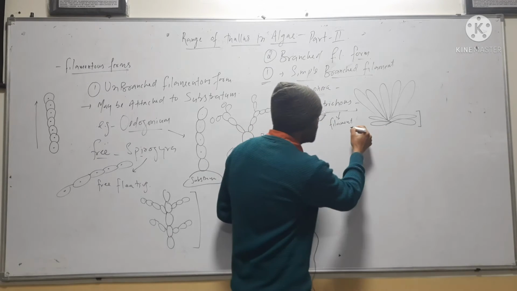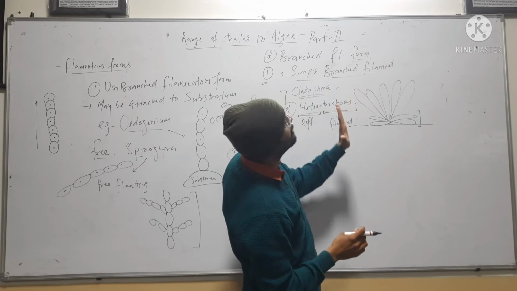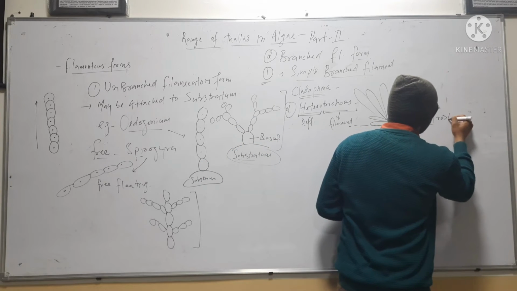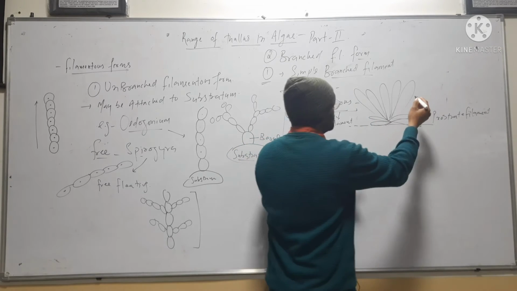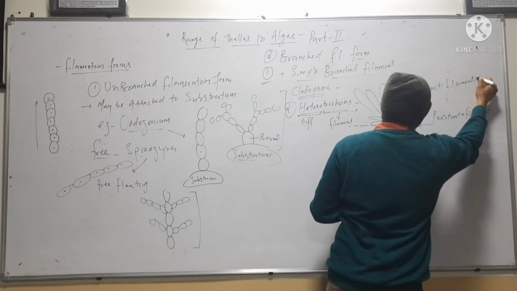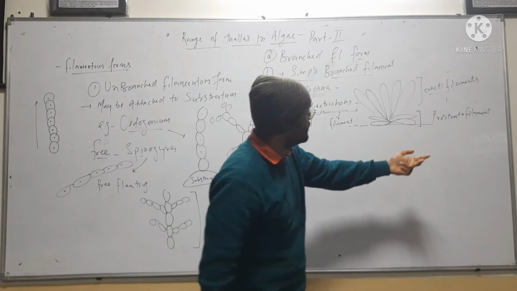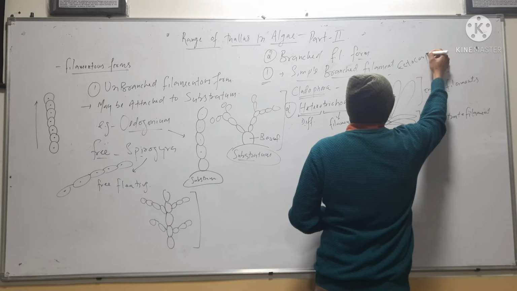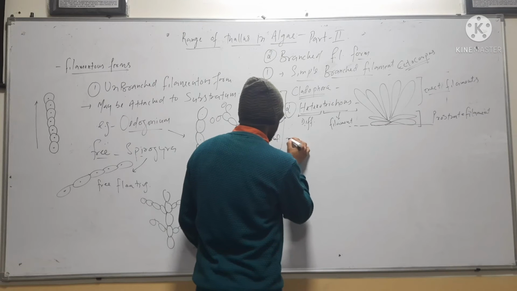One type of filament is creeping over the surface, and these filaments are erect. The filaments creeping over the surface are called prostrate filaments, and the filaments that are erect, that are straight, are called erect filaments. So this is heterotrichous thalli. It has two types of filament, prostrate filament and erect filament. An example of this is Ectocarpus.